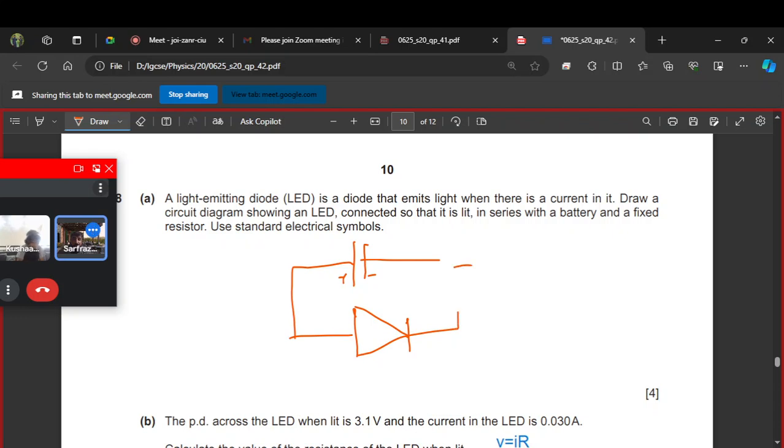And here you will use a resistor. Here will be the resistor, and this is the symbol for the LED. Here you will draw three arrows going outward.